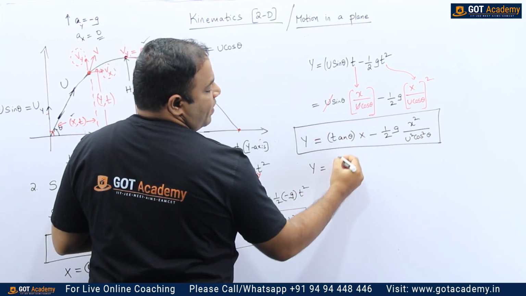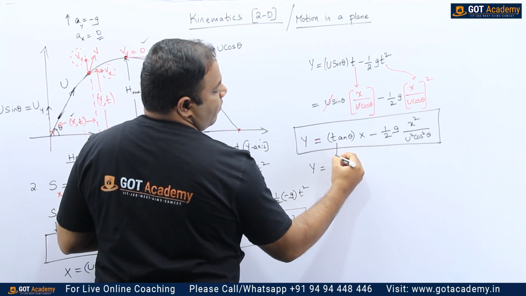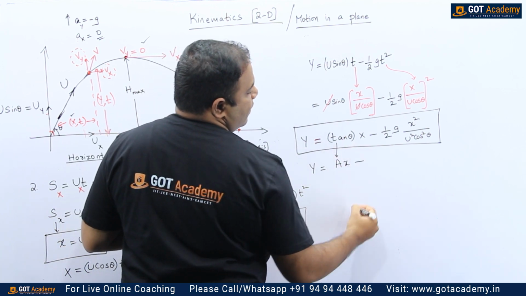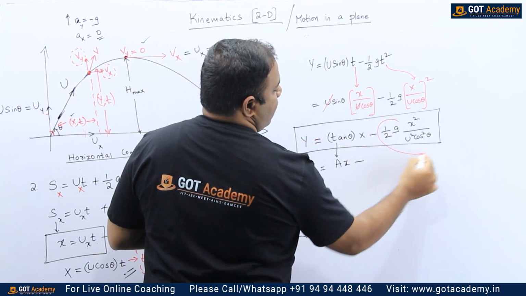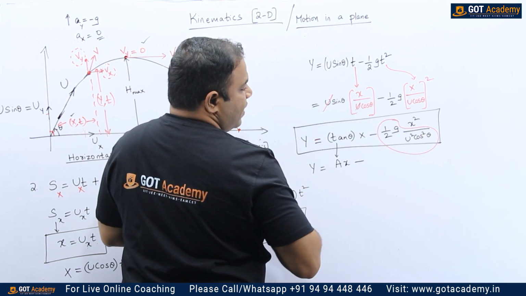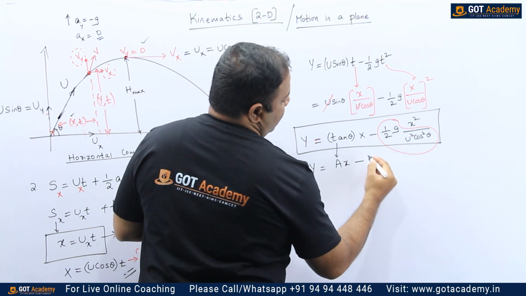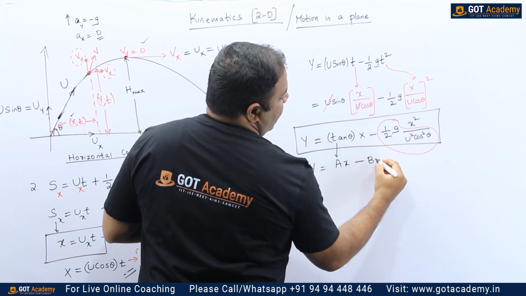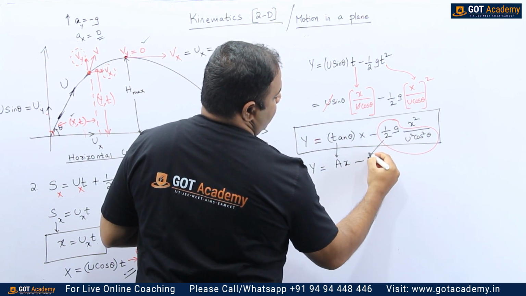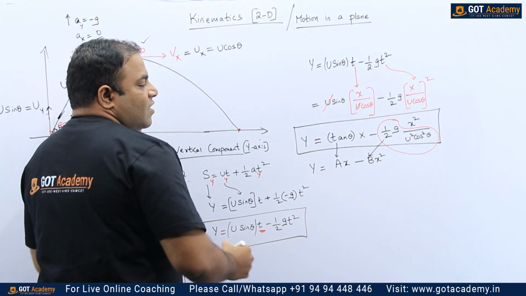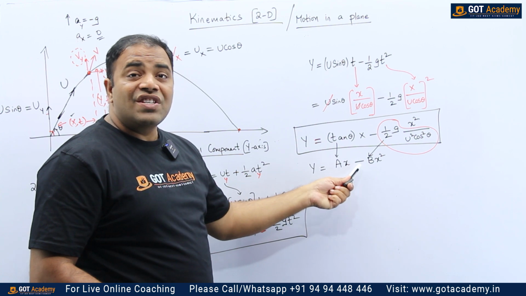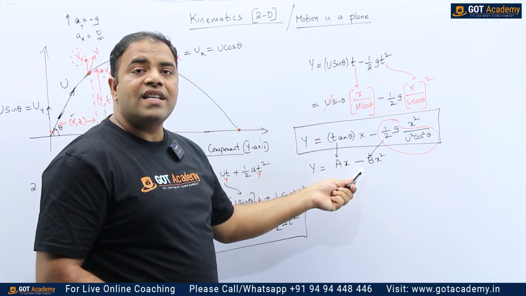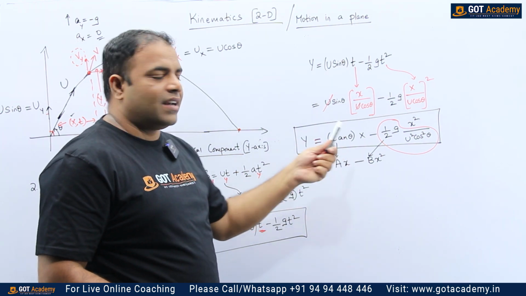This tan theta can be taken as a constant a, into x, minus this part, that is b, x square. So this ax minus bx square tells you that it follows a projectile motion.